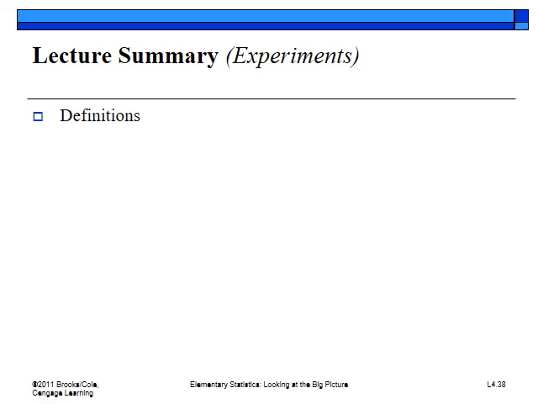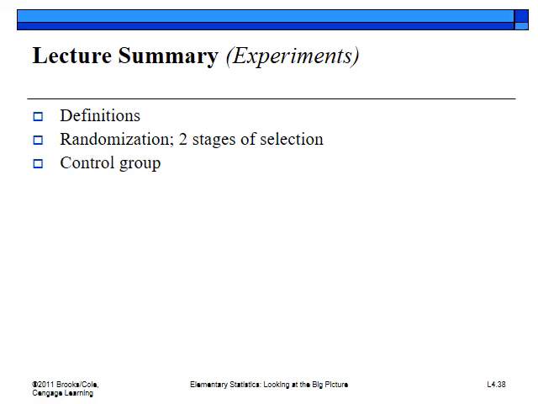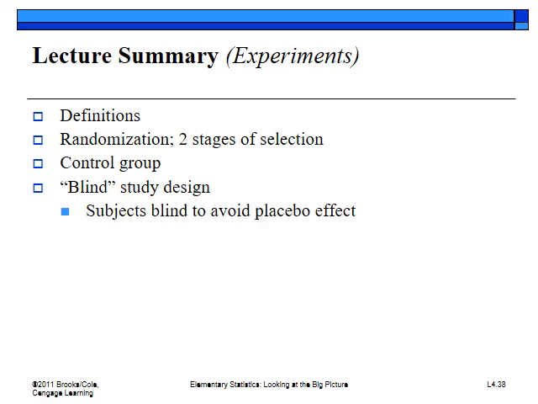To wrap up, we looked at the definitions of some terms involved with experiments. We talked about the importance of randomization and the two stages of selection. We talked about what a control group is, what a blind study design means in two different ways, both for the participants and the experimenters. The subjects should be blind in order to avoid the placebo effect, whereas the researchers should be blind to avoid the experimenter effect.